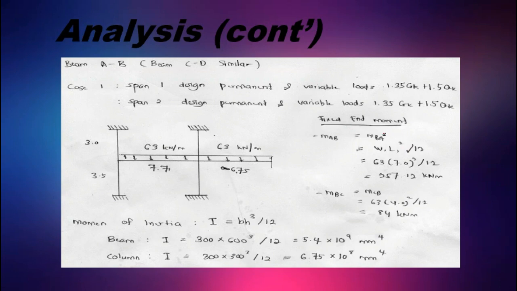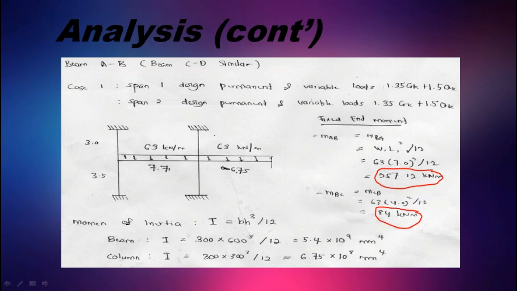After that, we will be able to calculate the fixed end moment of both beams using the formula WL squared over 12, where W is the load and L is the length of the beam. Using that formula, we get the moment of beam AB, which is 257.12 kilonewton meters, and beam BC, which is 84 kilonewton meters.